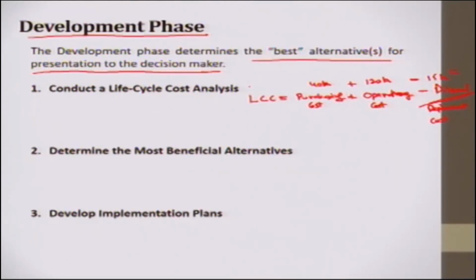In general, the normal cost is just the purchasing cost, or that is the price of the product. But it is recommended to conduct a life cycle analysis to see what is the life cycle cost, what will be the replacement cost, what will be the disposal cost of this product. In this operating cost, maybe new tools, repair cost is also there.